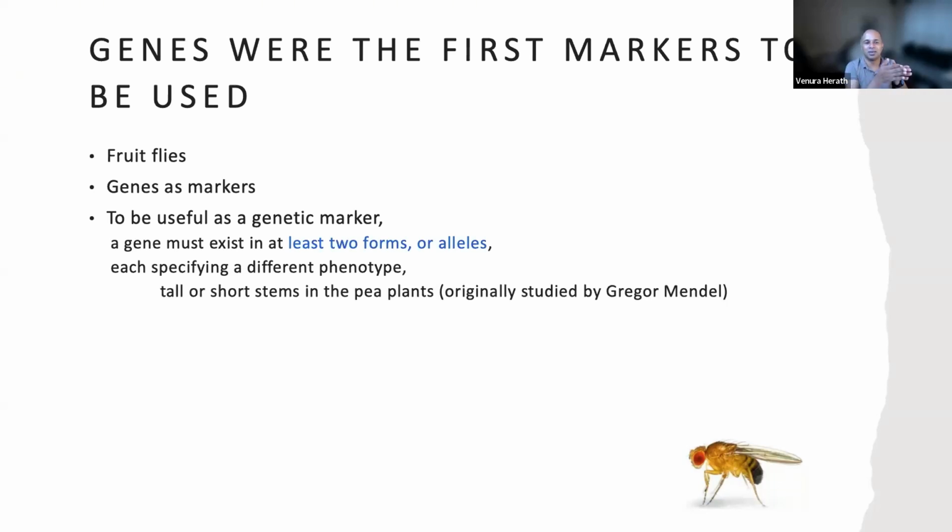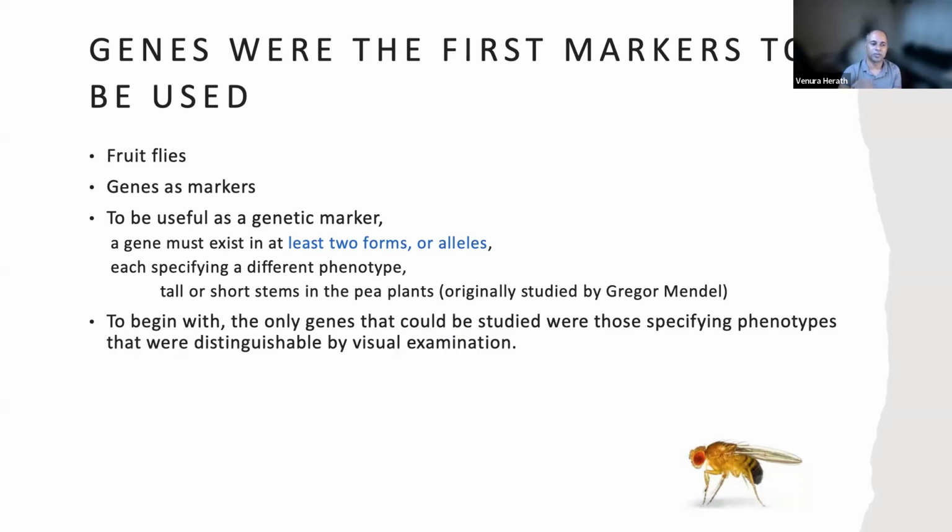Remember, Mendel was studying tall and short stems in pea plants, two distinct characteristics controlled by two different alleles. But there's a limitation, because if you want to begin this kind of analysis, you have to have genes with a specific phenotype that can be identified visually.